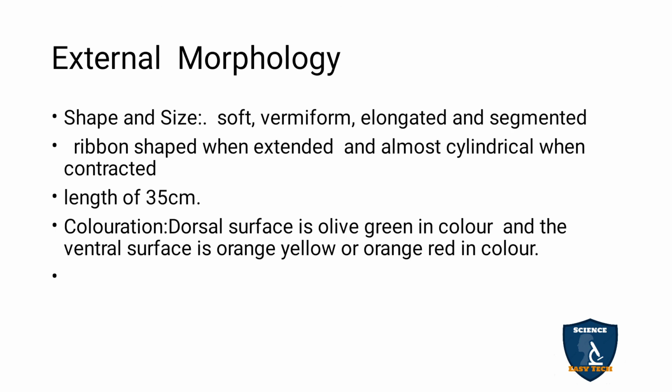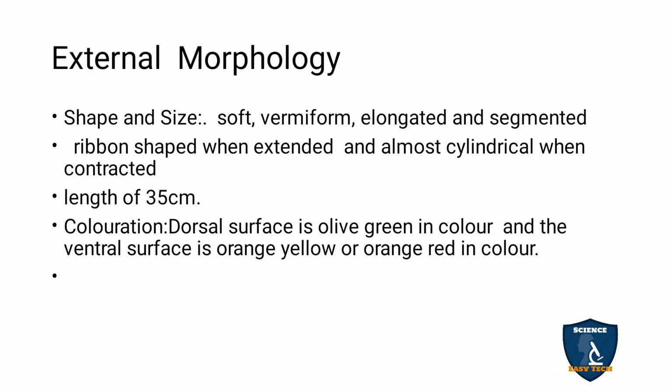External morphology. Shape and size: soft, vermiform, elongated and segmented. The outer surface of the body is very smooth and soft. Vermiform means worm-like, like the earthworm, which you have seen, especially in the rainy season.